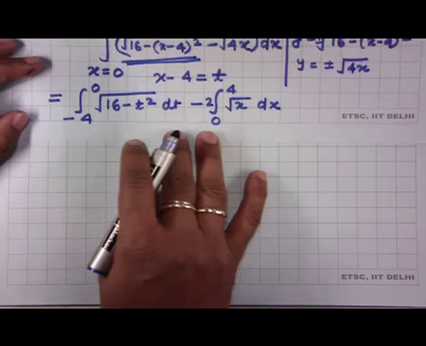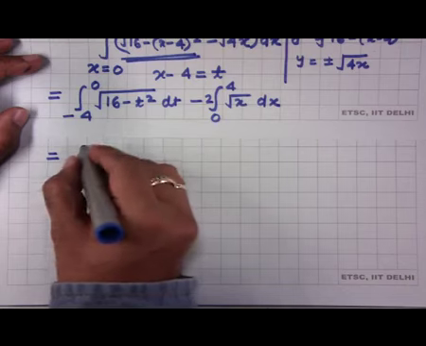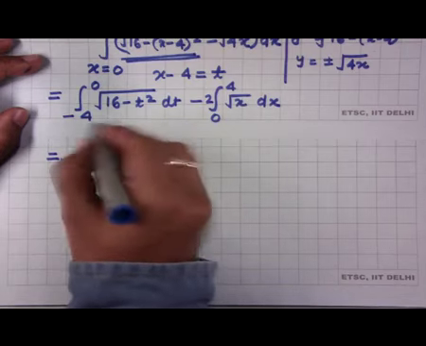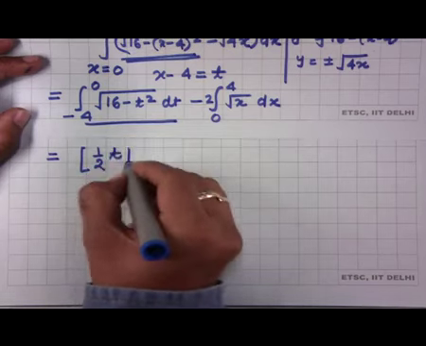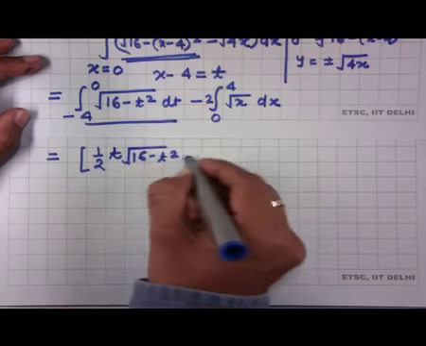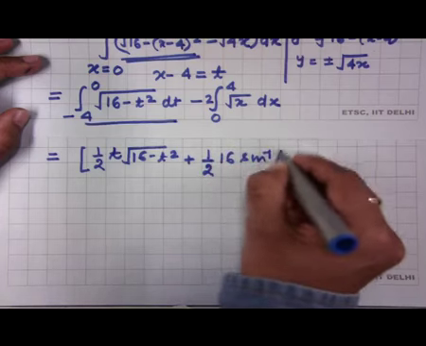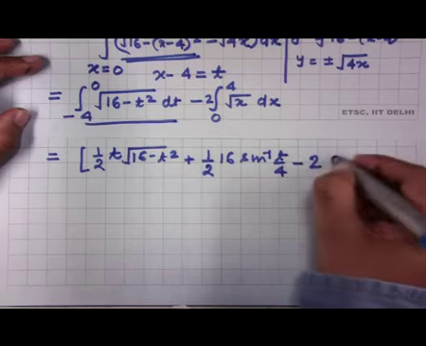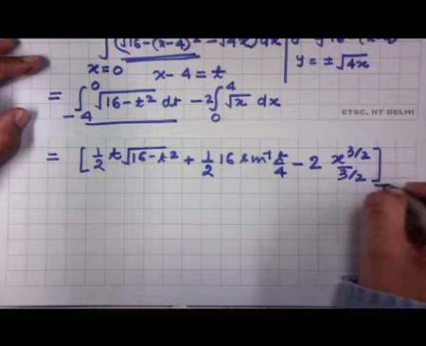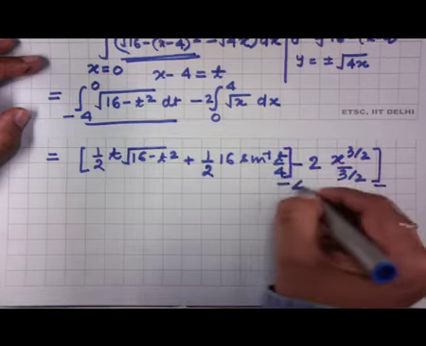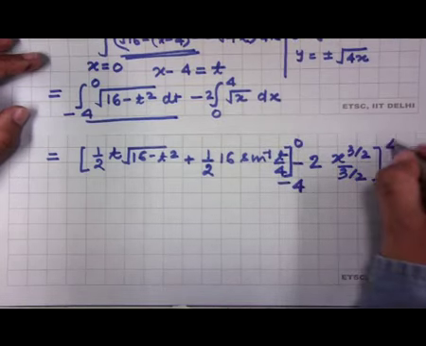So, the value of this integral will be 1 by 2 t under root 16 minus t square plus 1 by 2 into 16 sine inverse t by 4, minus 2 into 2 by 3 x to the power 3 by 2 root 4x, where the limit here is minus 4 to 0, and the limit there will be from 0 to 4.